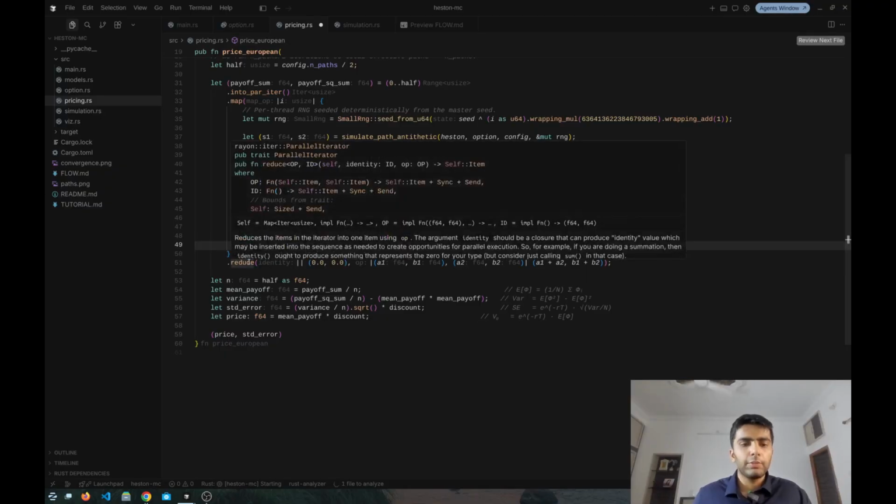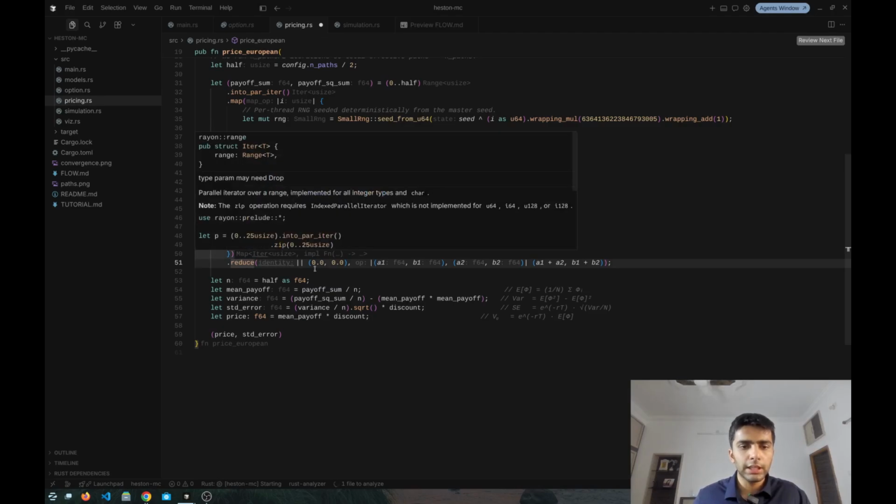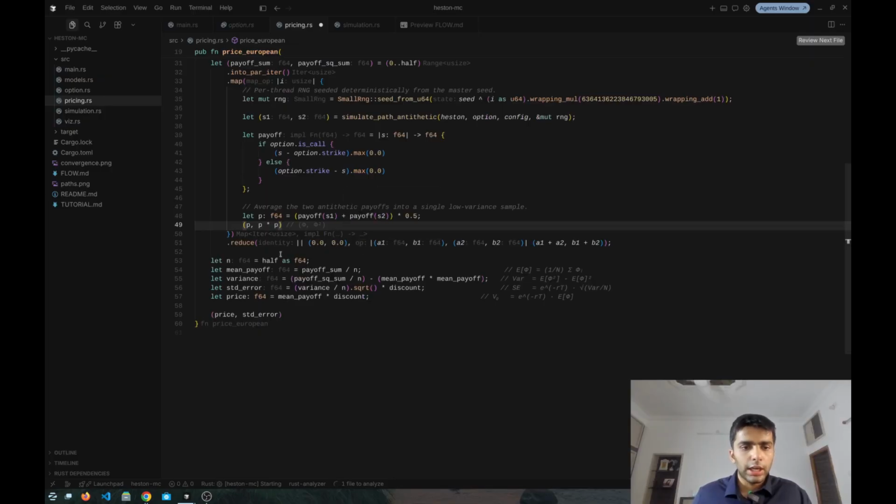And then what this reduce function will do is, as we get the results of all those iterations of all those paths, it will store it, and it will sum all those paths. So then we'll have basically the sum of all the average payoffs, and then here we get the mean payoff.